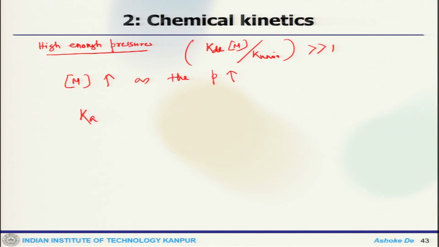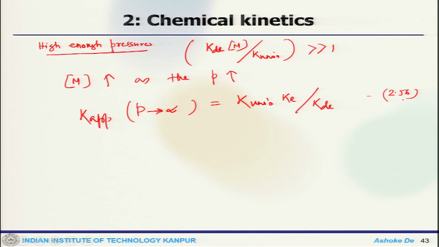So, what will happen? K app when P tends to infinity, that is K unimolecular K E by K d E, which is your equation number 2.56. Now, this is the situation where you have high enough pressure.